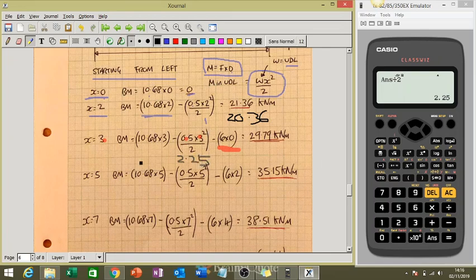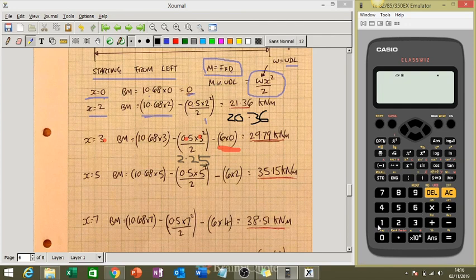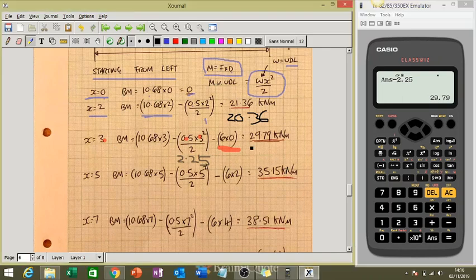Quick if you just do it all in one go. 10.68 times by 3 gives me that. Take away 2.25. Let's see, I hope I made the same mistake. 29.79. Normal service resumes. So the bending moment at x equals 3 is 29.79.